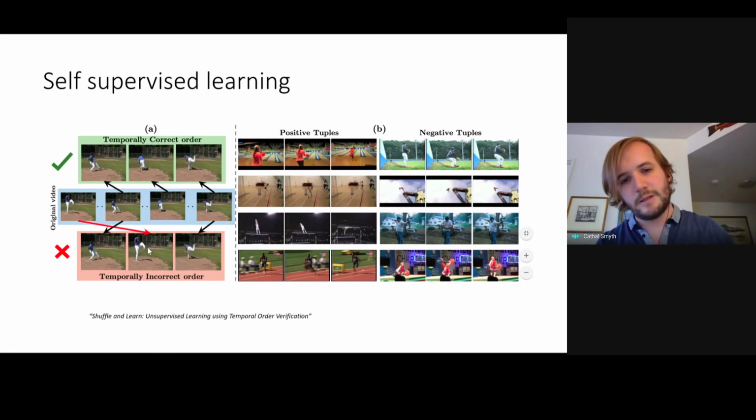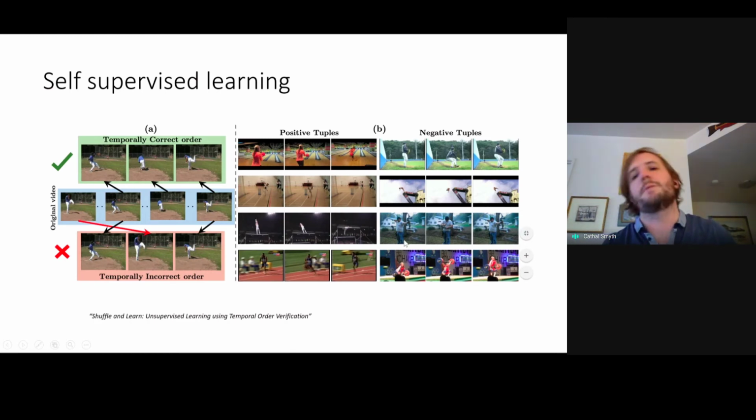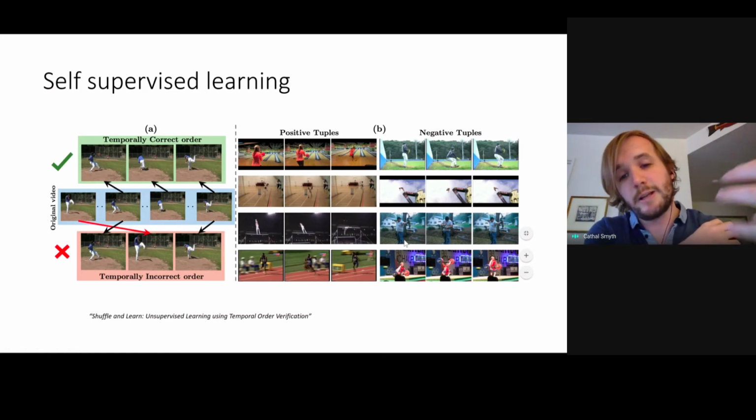And the model has to distinguish between, was this real or is it fake? So here are some examples of positive tuples of somebody bowling, and again, somebody pitching, somebody bungee jumping. Looks like they're just diving. Different sports, but the idea here is that the model is going to end up learning how to do scene classification.